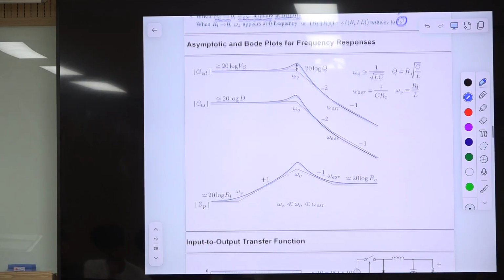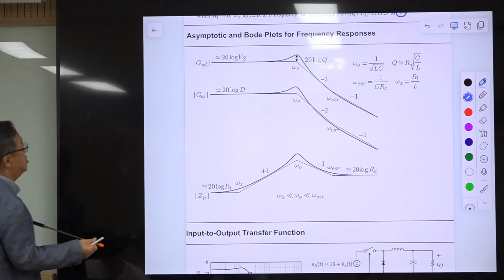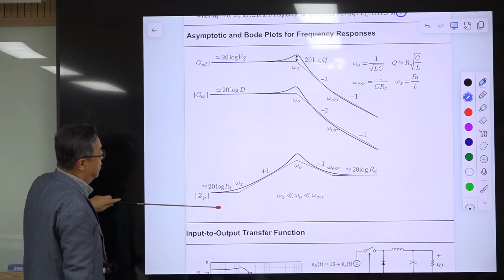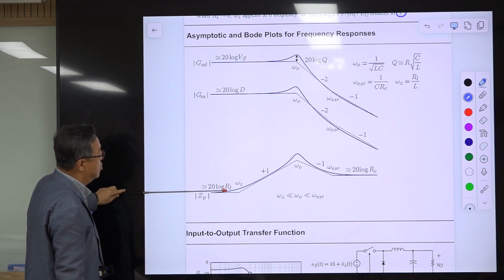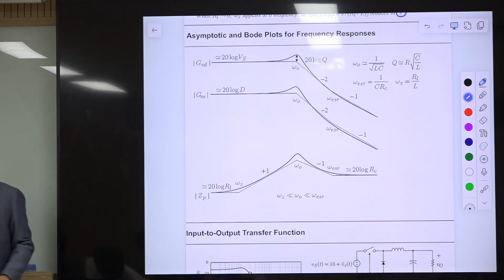This is the asymptotic diagram of three transfer functions: duty ratio to output voltage, input voltage to output voltage, and load current to output voltage. It starts from this one, 20 log RL, which is the ESR of the inductor.